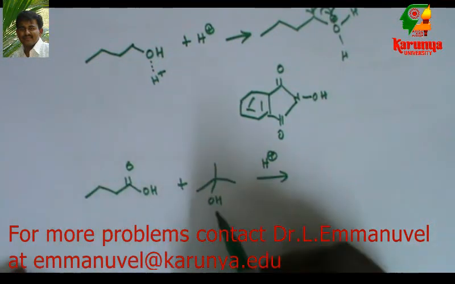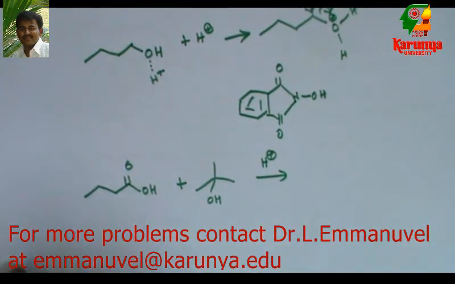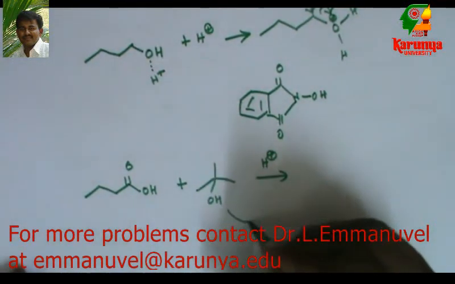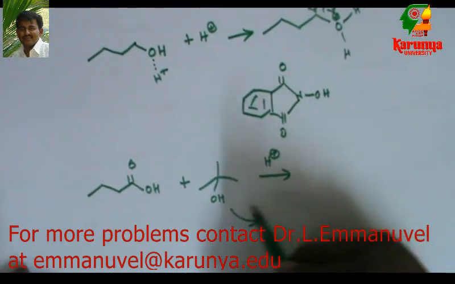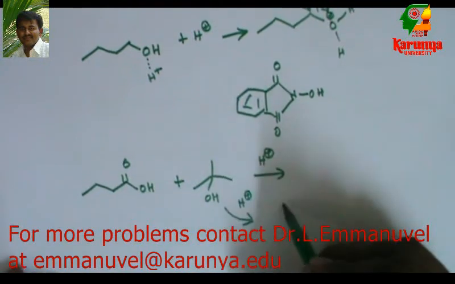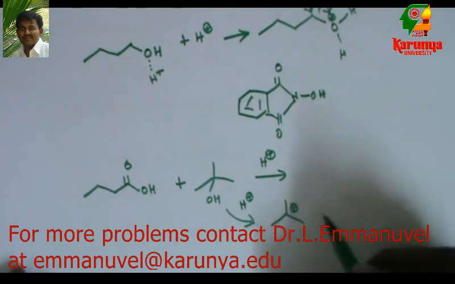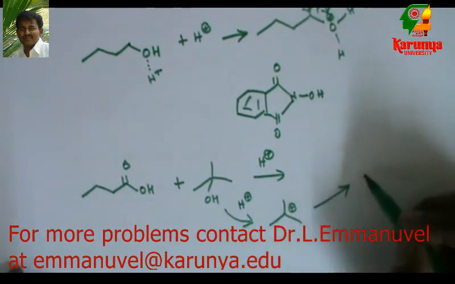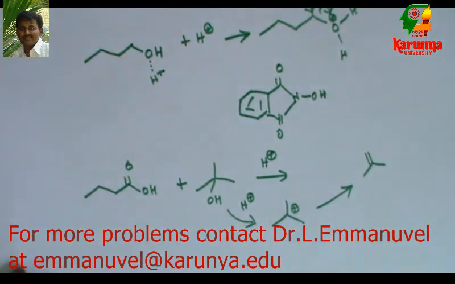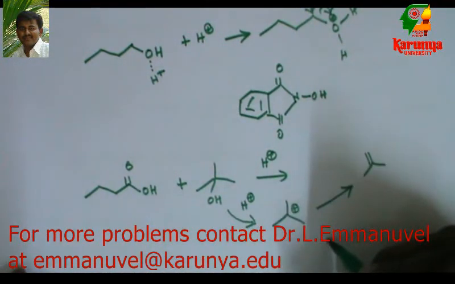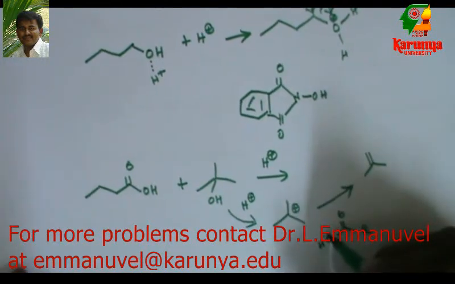But in the case of tertiary butanol, the reaction follows some other pathway. That is, when you add H plus to this, it forms a carbocation and this prefers to undergo elimination to give this olefin instead of being attacked by the acid.